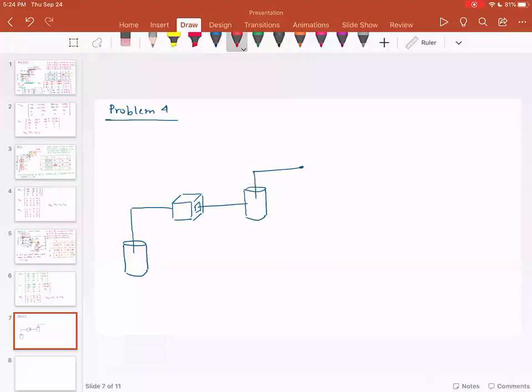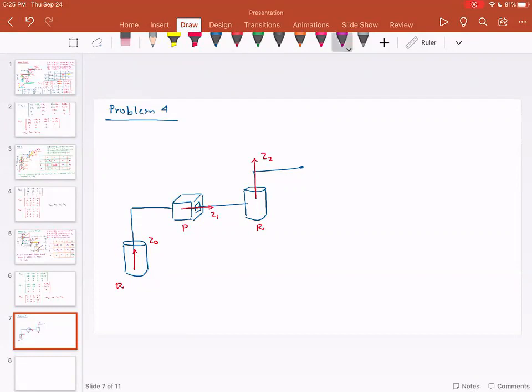So you have the revolute joint, you have the prismatic joint, you have the revolute joint. This is the kinematic diagram. I'm going to assign the coordinate frames. Check this out. This is Z0. This is Z1. This is Z2. Okay, Z0, Z1, Z2. Now let's go step by step.